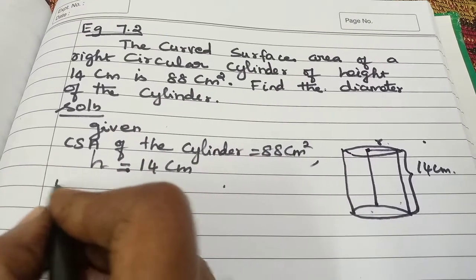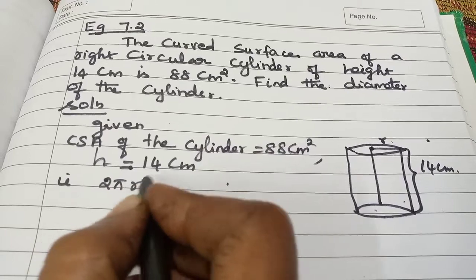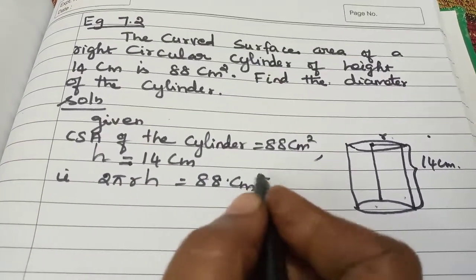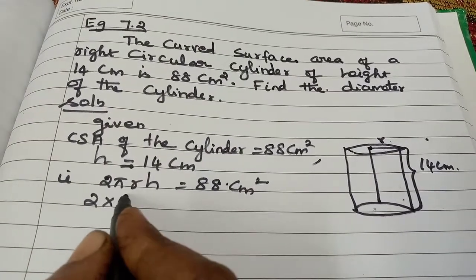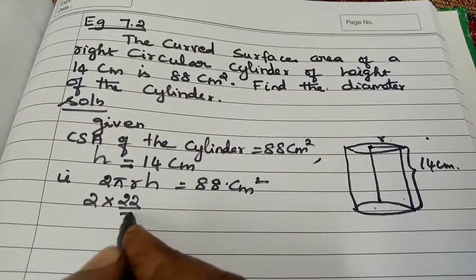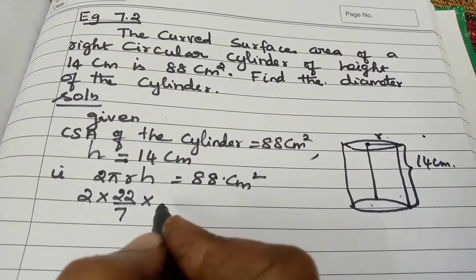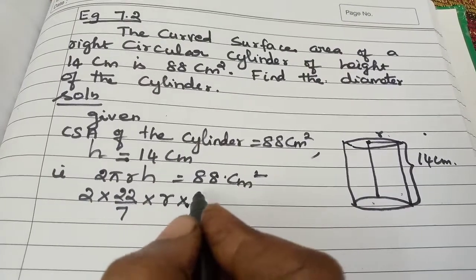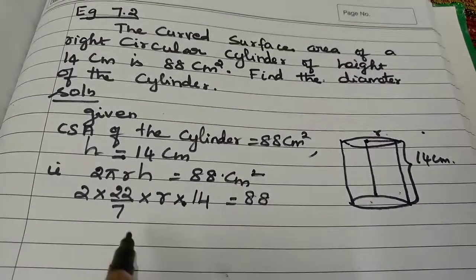CSA of the cylinder means 2 pi r h, that is 2 pi r h is equal to 88 centimeter square. From here, 2 into pi value is 22 by 7 into r value, we have to find out, r, r value is not given, into height is 14, is equal to 88.